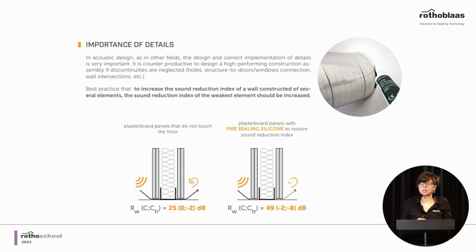An example to understand what this means. We have done some tests on a plasterboard separation wall in which there was an air leakage, and this air leakage reduced the acoustic performance of the wall to only 25 dB.